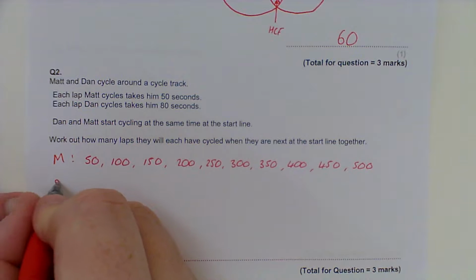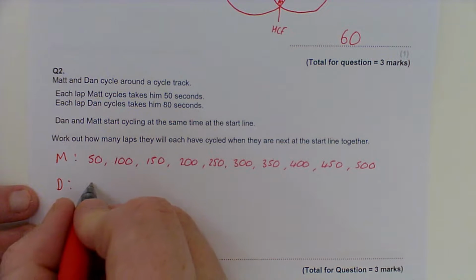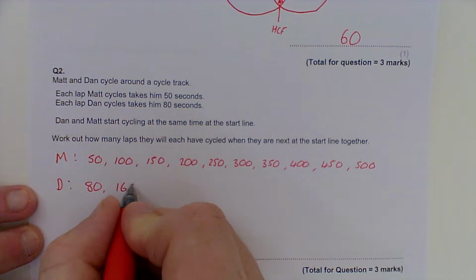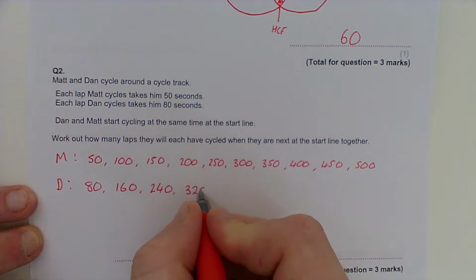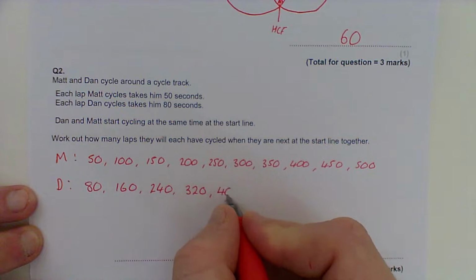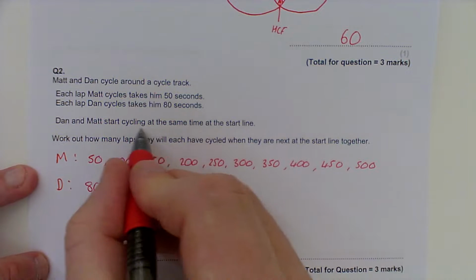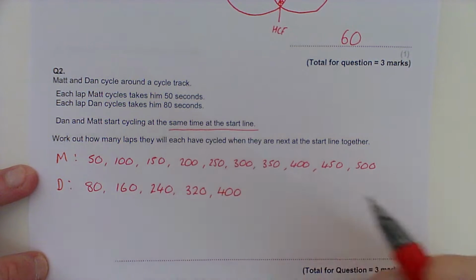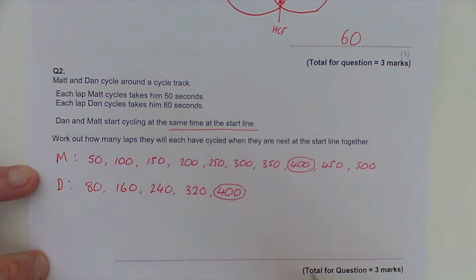For Dan, he takes a little bit longer. He takes 80 seconds. So he goes 8, 16, 24, 32, 40. Now I'm going to stop there because I want to know when they're next at the start line at the same time, and I can see that 400 is when they're next together.